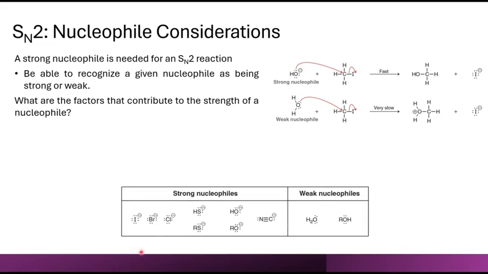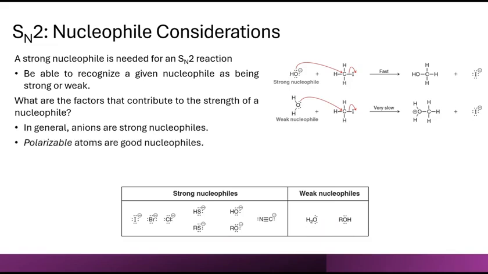Strong nucleophiles tend to have a negative charge. The negative charge is on a very electron withdrawing group. Weak nucleophiles here, as shown, water and alcohol, tend to be neutral. So in general, anions are strong nucleophiles. Polarizable atoms are good nucleophiles. The solvent will also affect nucleophilicity.